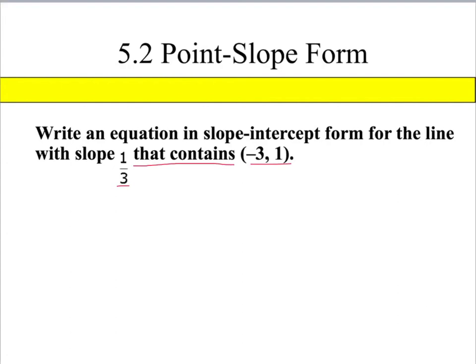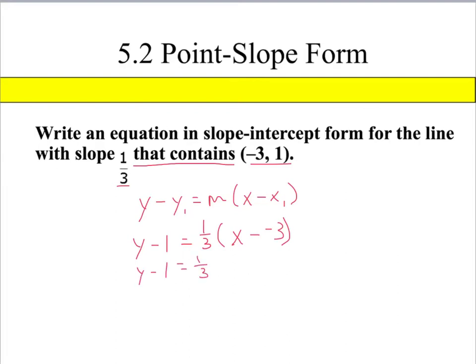All right, so if you look at this, y minus y1 is equal to m times x minus x1. Okay, y minus 1 is equal to 1/3 times x minus a -3. Simplify this out just a little bit. Don't forget my parentheses. Distribute.